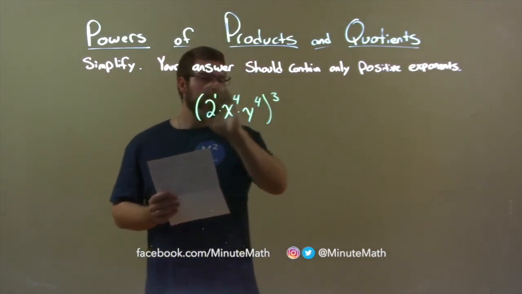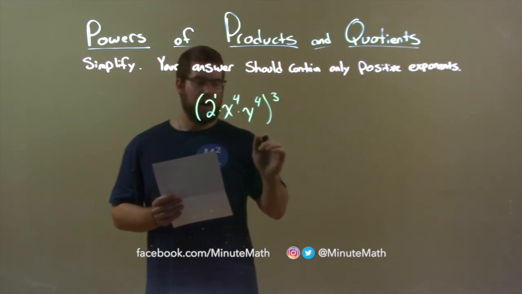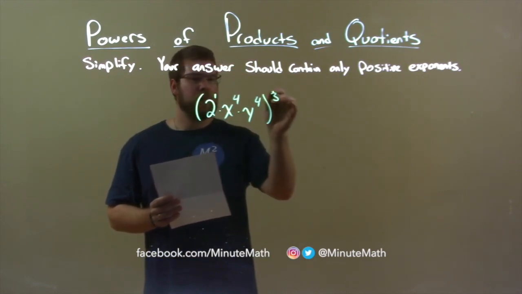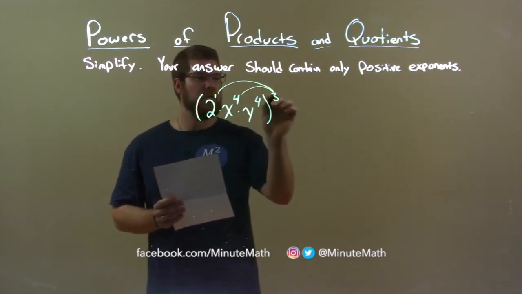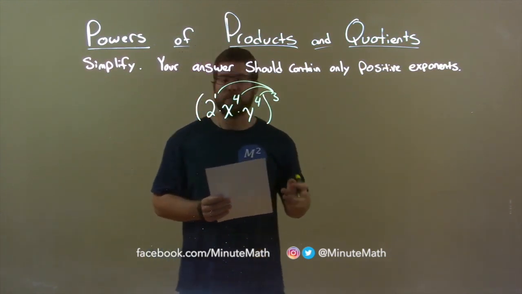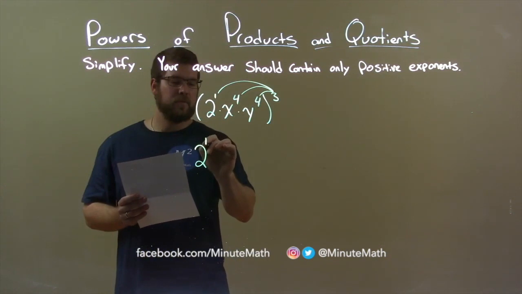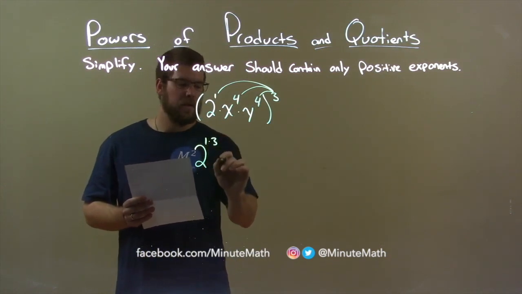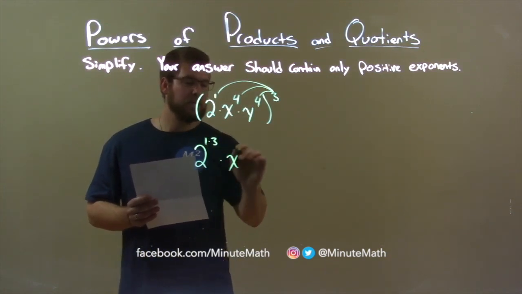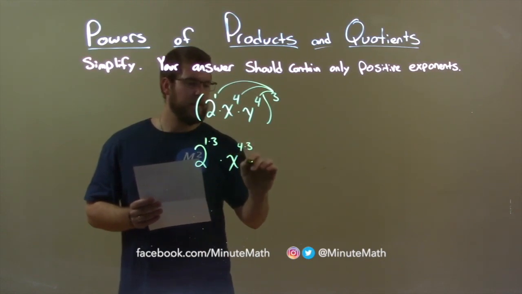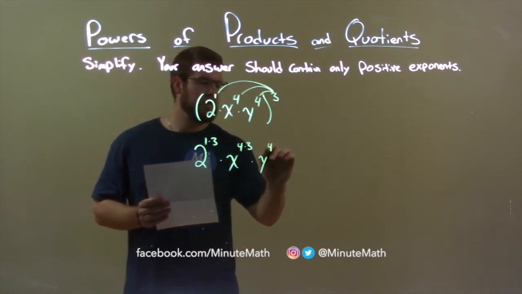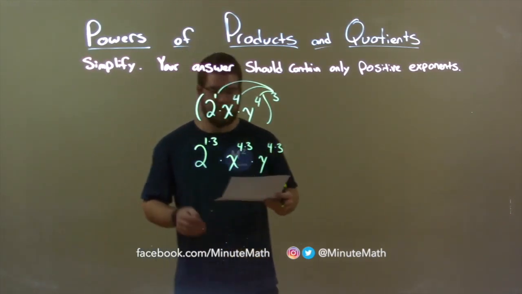Well, when we multiply all this in parentheses to the 3rd power, all right, we take that 3rd power and it gets distributed to all the exponents with multiplication. So 2 to the 1st power becomes 2 to the 1 power times 3 times x now to the 4 times 3 power times y to the 4 times 3 power as well.